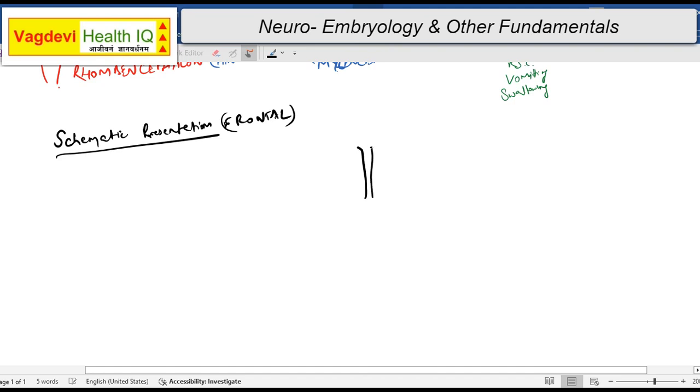These two hemispheres will be there. Take it as similar. This is the cerebral cortex. A cross-sectional view I'm showing you.